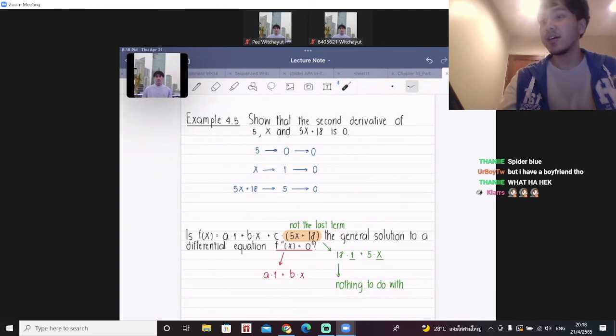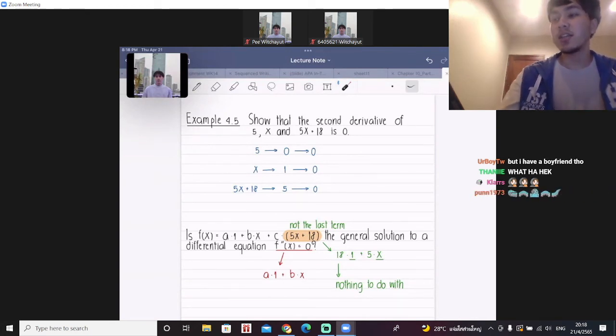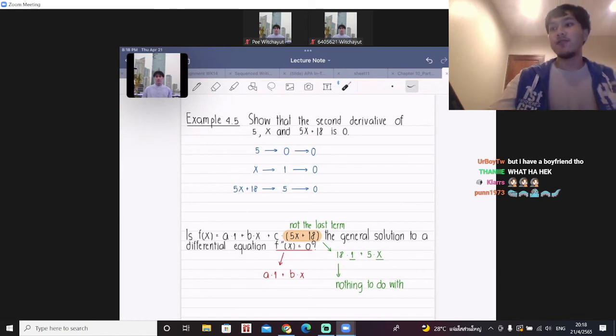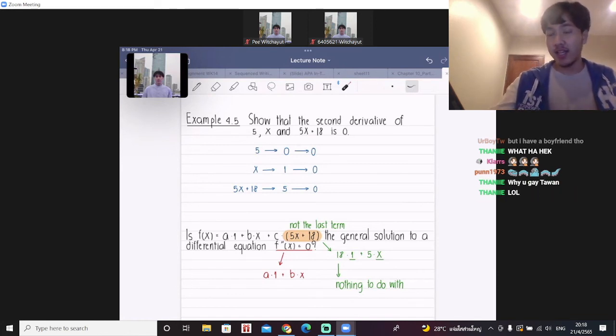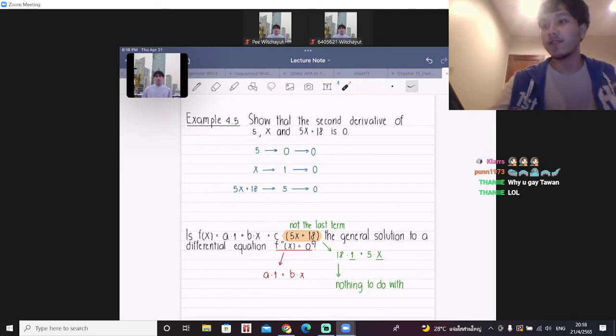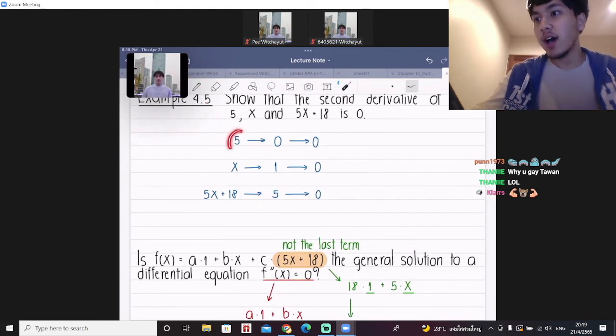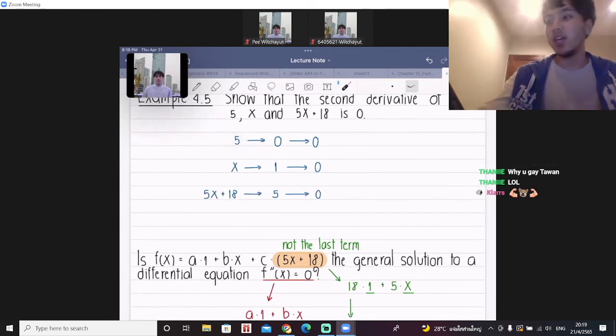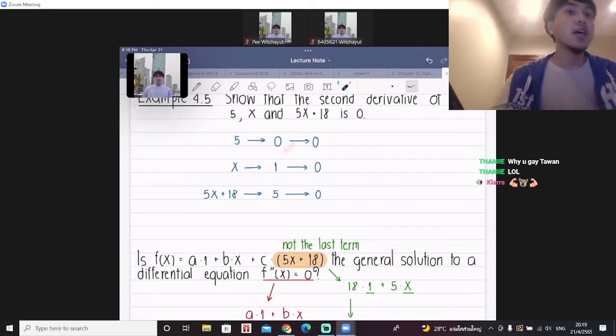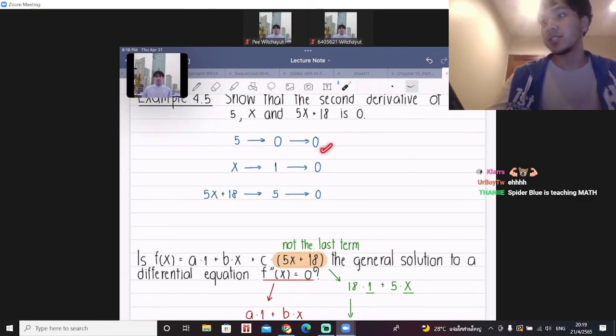Let's start with example 4.5. Show that the second derivative of 1, x and 5x + 18 is 0. For the first one, the first derivative of 1 is 0, and the second derivative of 0 is also 0 because it's a constant.